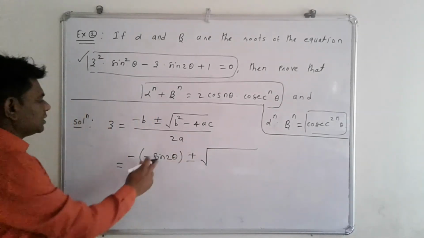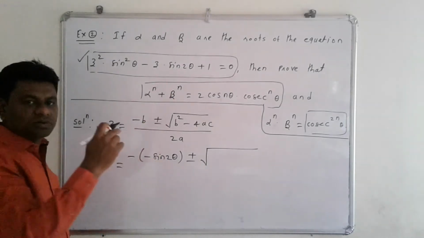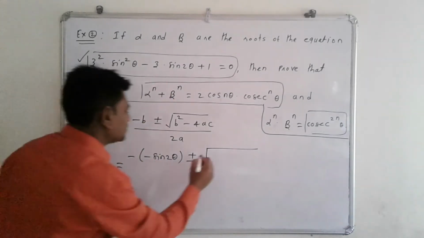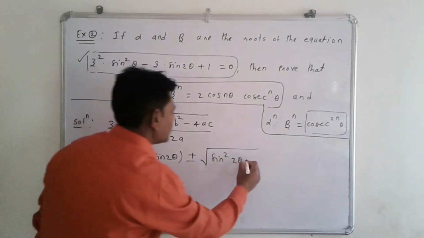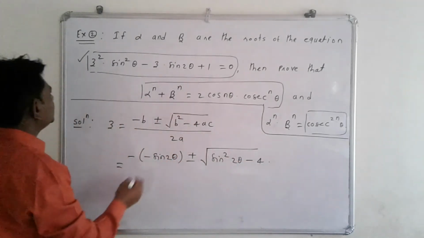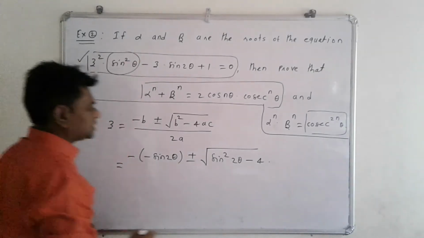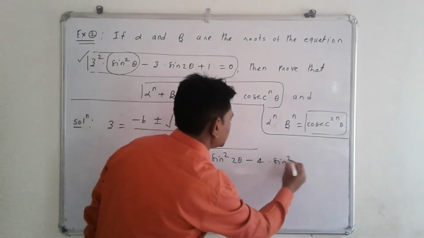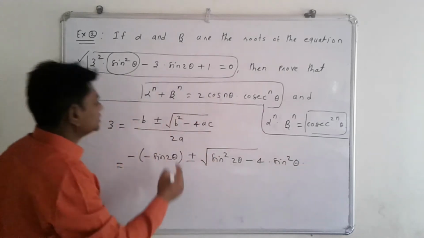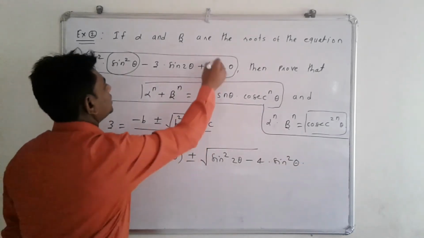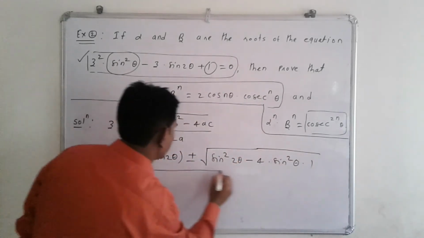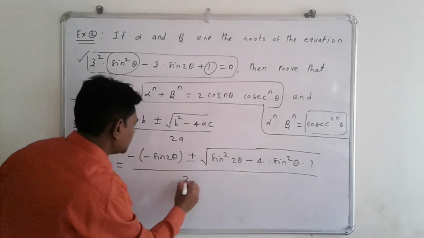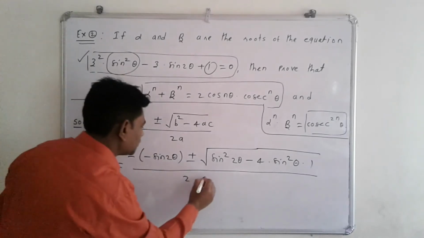Now b square is sin square 2 theta, minus 4ac. Here a is sin square theta, so minus 4 sin square theta times c, where c is 1, divided by 2a, and a is sin square theta.